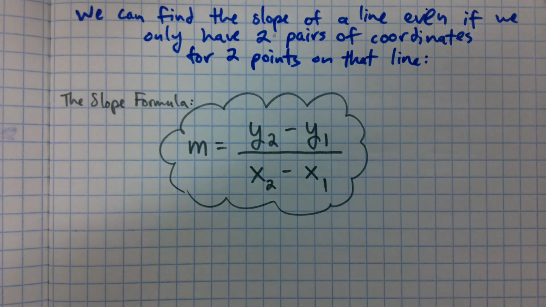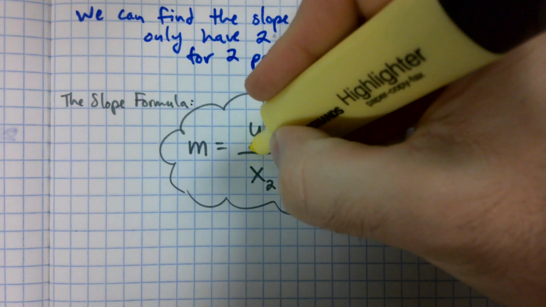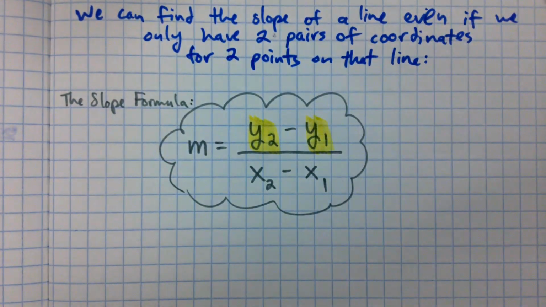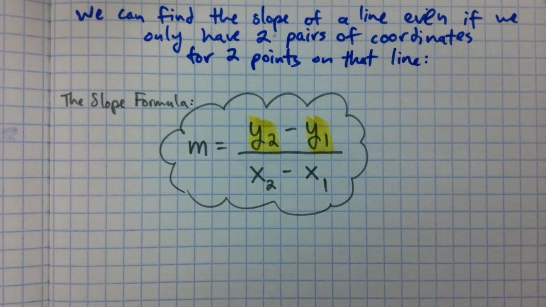But with your two colored highlighters, I want you to take your first color, whichever color that may be. You're going to highlight y2, and you're going to highlight y1. You're not going to highlight the minus sign. You're just going to highlight y2 and y1.